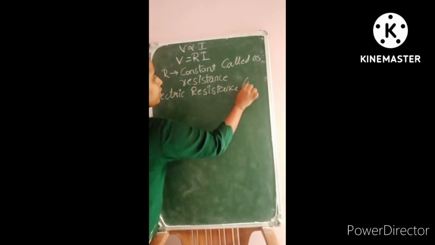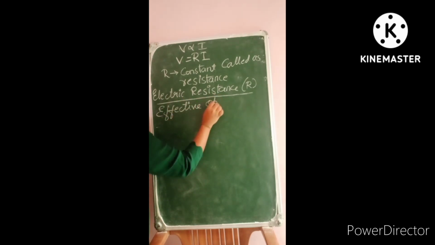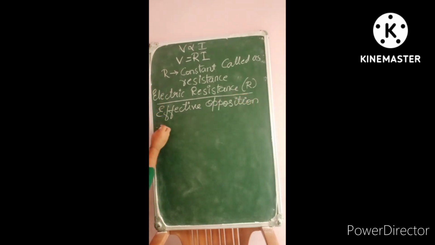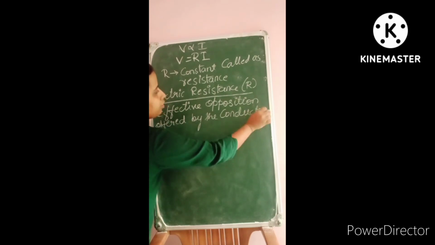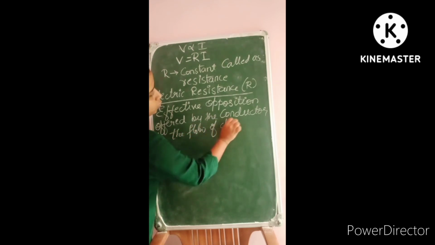Electric resistance is nothing but the effective opposition offered by the conductor to the flow of charges through that conductor.